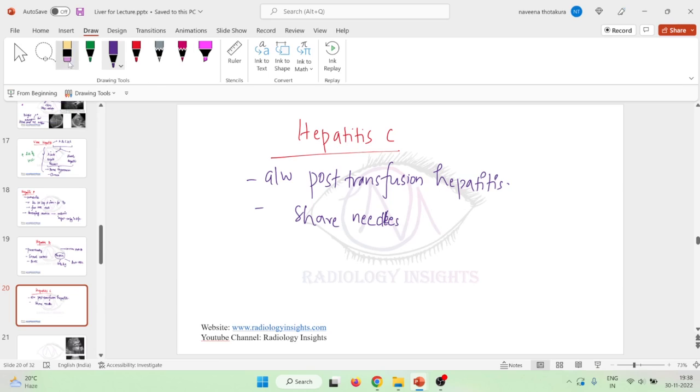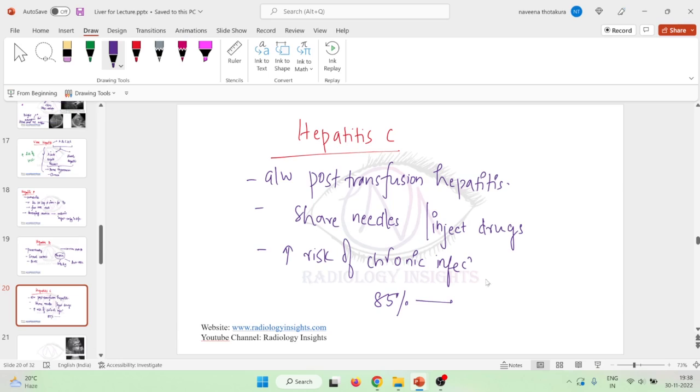Those who inject drugs and share needles, in them hepatitis C is more common. And hepatitis C has an increased risk of chronic infection also. Almost 85% of the patients of hepatitis C will develop chronic liver disease in time.